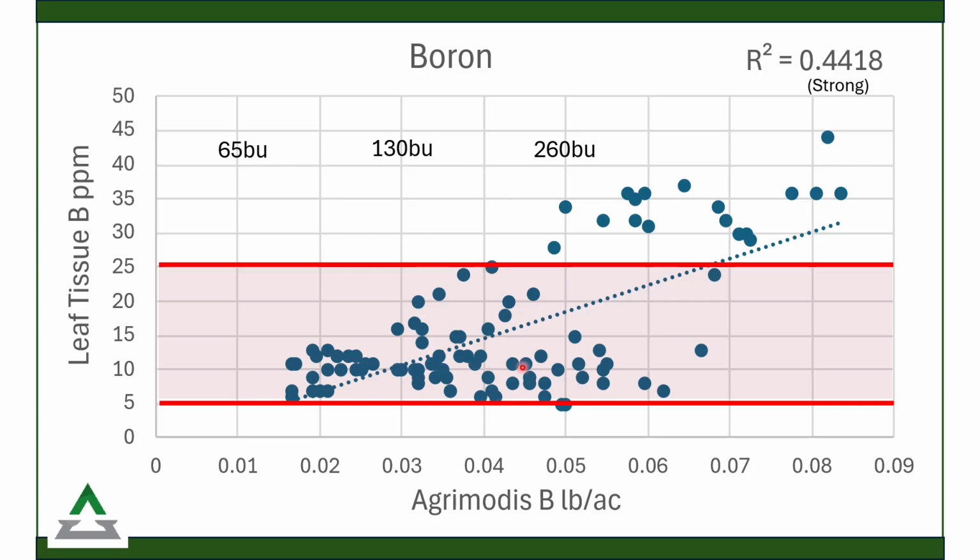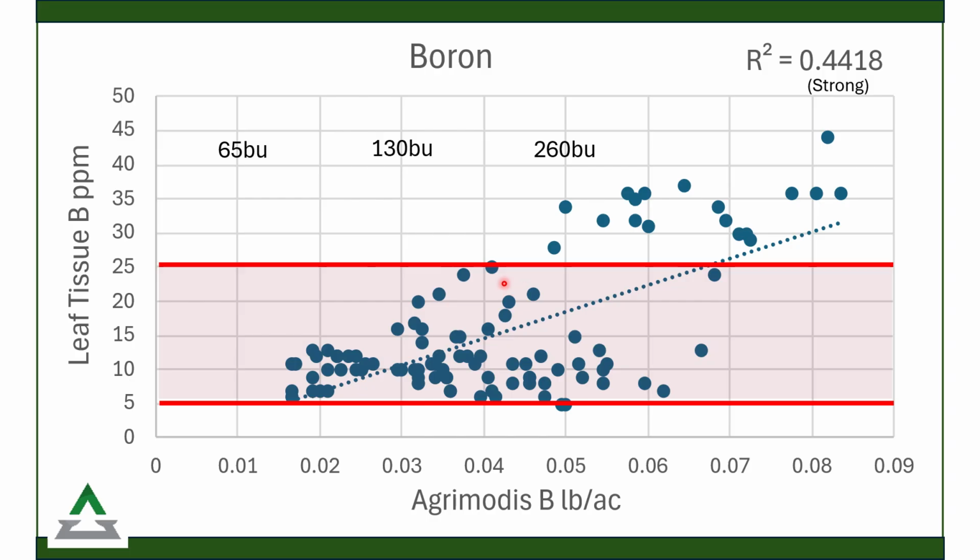When you get up into these higher numbers, here's 0.06. This is 300 bushel corn potential, at least on the boron curve, but you still have a very low leaf concentration. Up here, you have about the same quantity, but you're at like 37, 38 ppm of boron. So that higher number, for the most part, if you're looking at 250 plus bushel corn and you get over 25 parts per million, is a sign that you have all the boron you need.